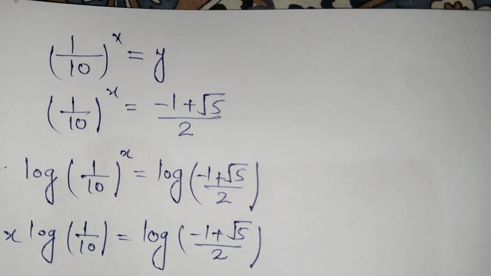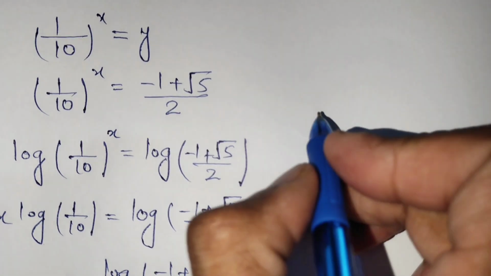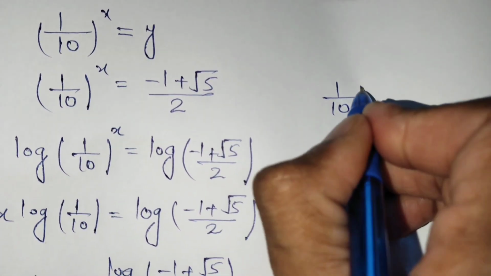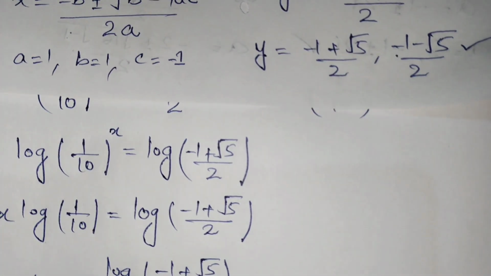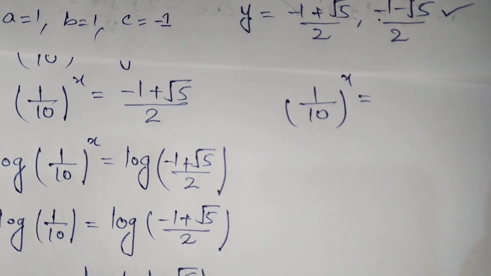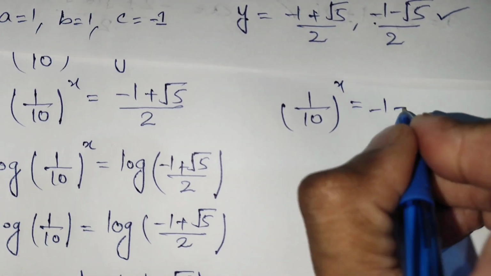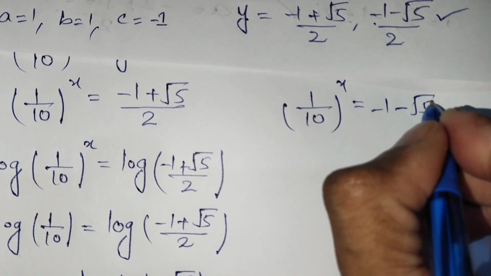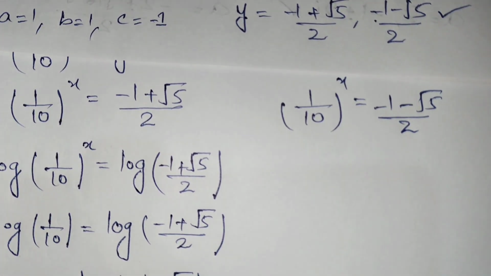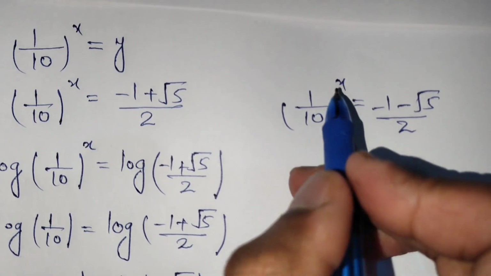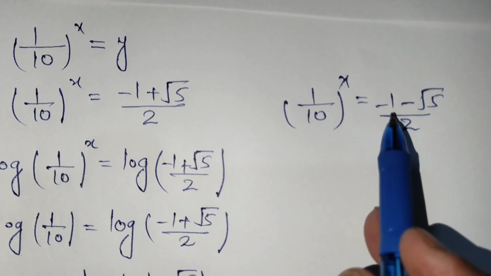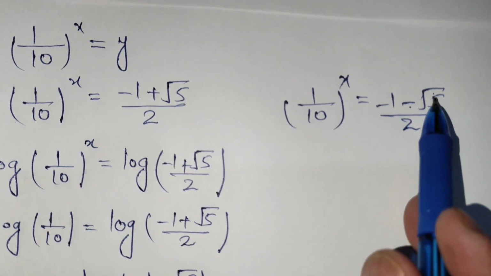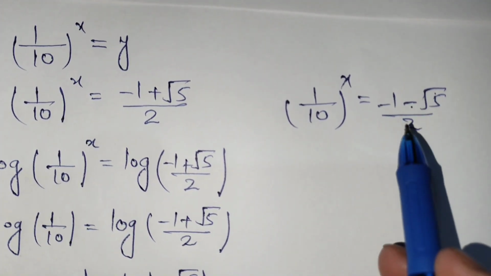Now we will do for y2. 1 by 10 power x equals y2. What is y2? Minus 1 minus square root of 5 divided by 2. But in order to find the value of x here, on the right hand side, minus 1 minus square root of 5 will be a negative term.